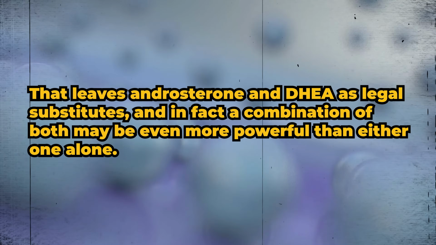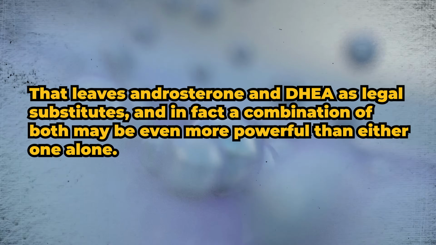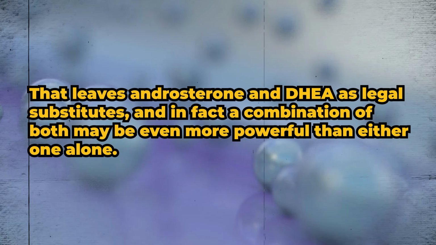In fact, a combination of both may be even more powerful than either one alone. So the combination of DHEA and androsterone, which can also interact with DHT, satisfies the requirements as legal substitutes to create an anabolic stack.